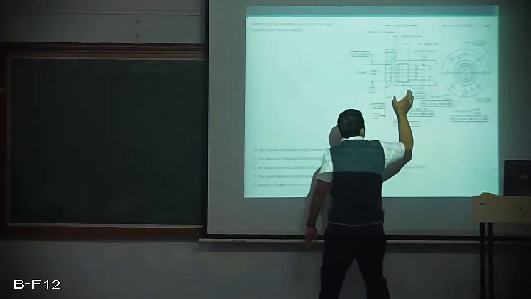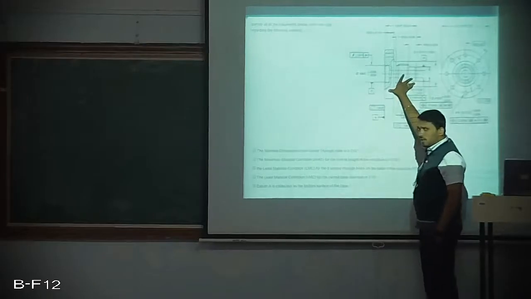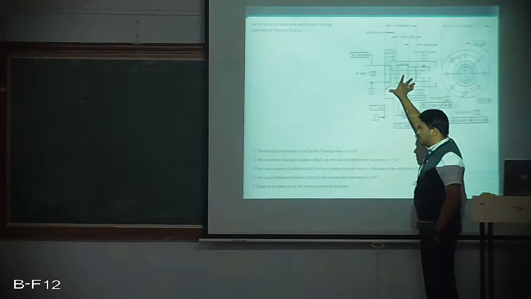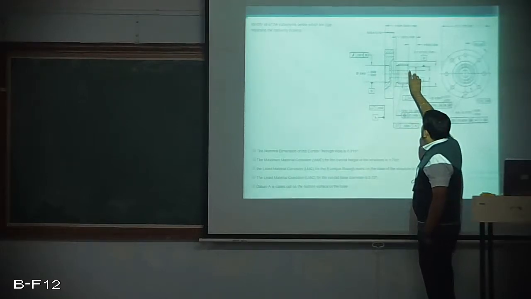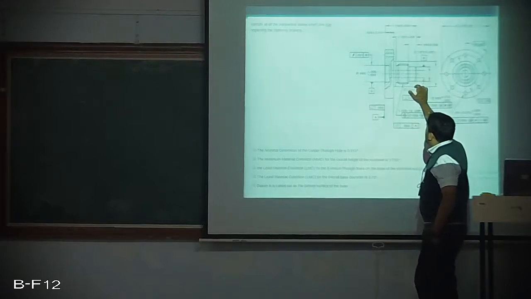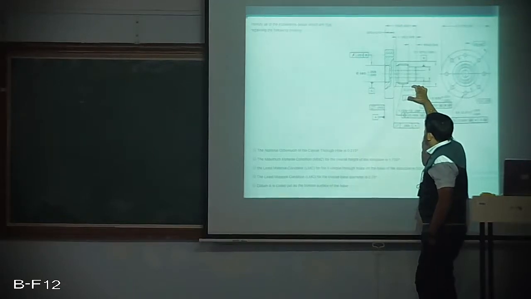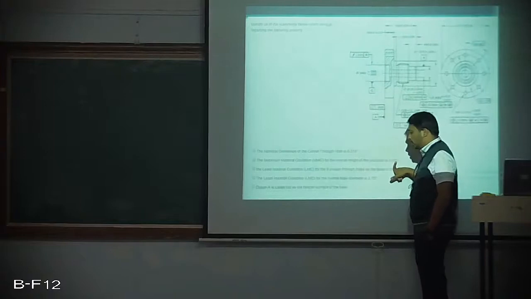So it is nothing but what, a shaft or a hole? A shaft. And for the shaft, the maximum material condition is the upper limit, and the upper limit for 1.750 is 1.75 plus 0.005, which becomes 1.755, as mentioned. Hence it is true.